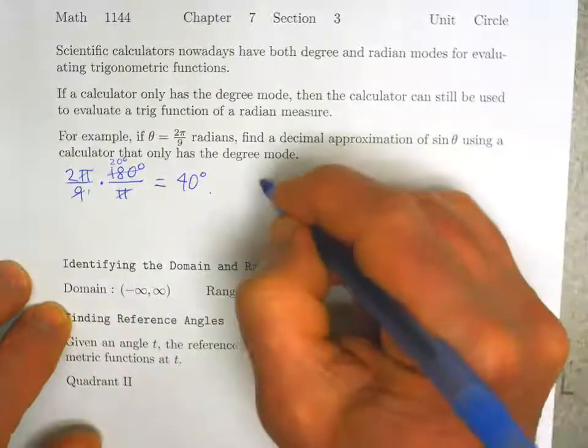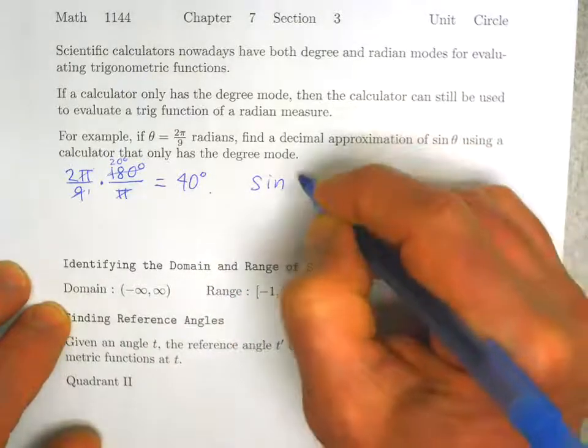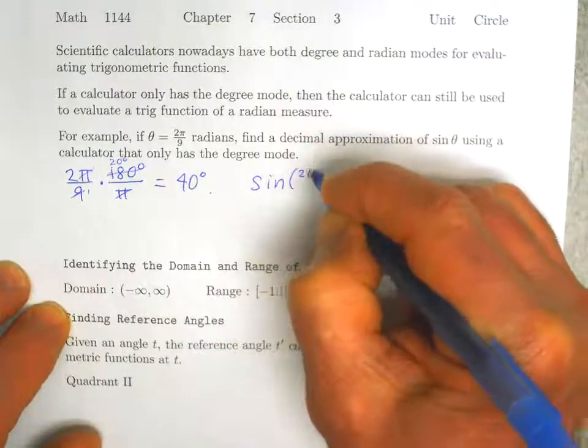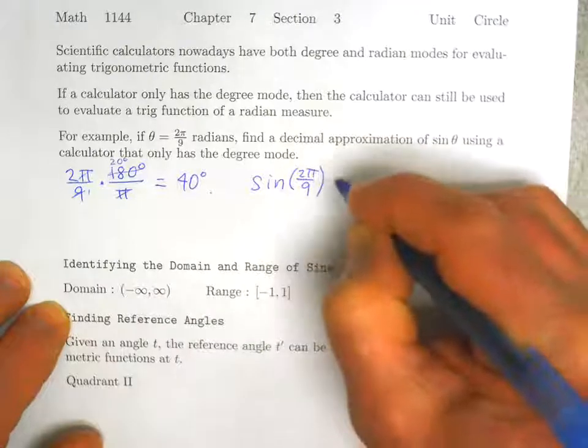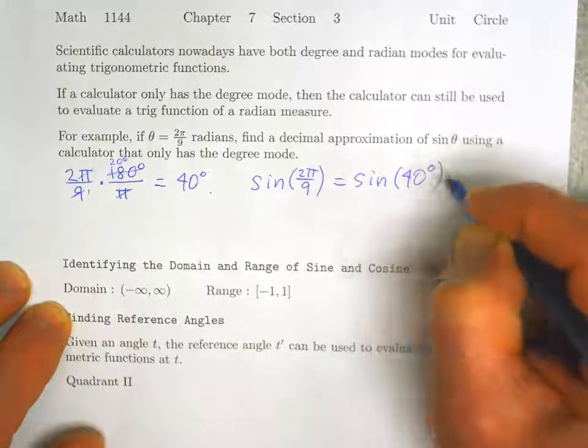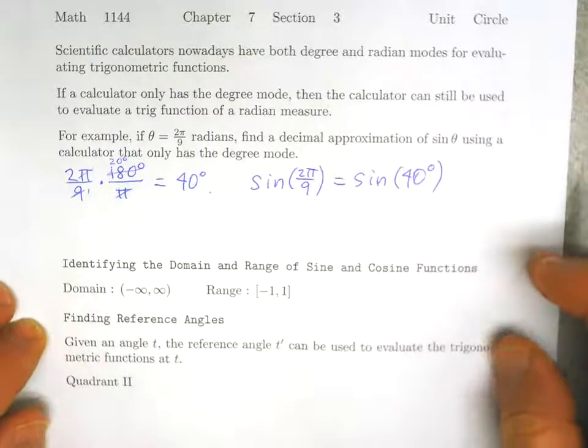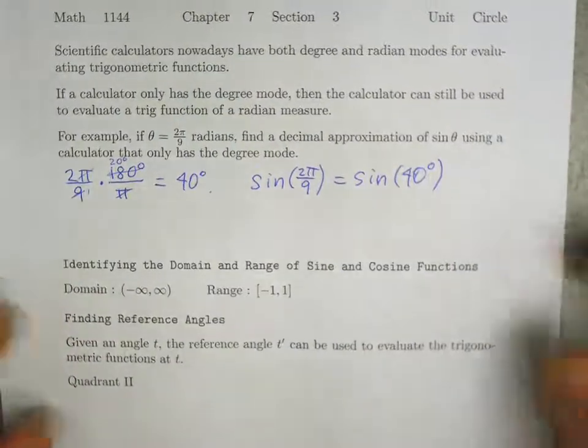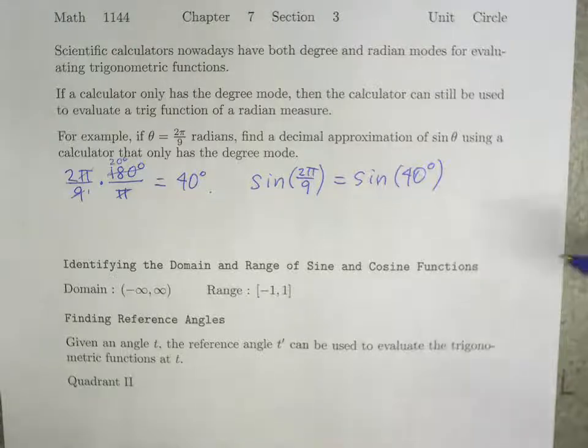So that means that sine of 2 pi over 9 radians is equal to sine of 40 degrees. So if you have a really old calculator, then it might only have one mode, but you can always convert from radians to degrees if you have to.